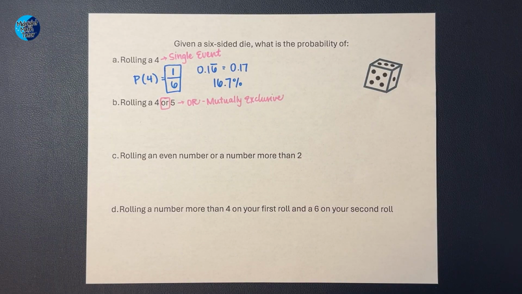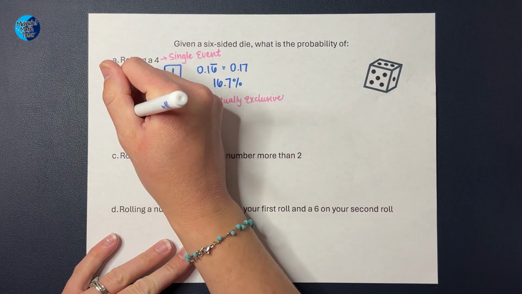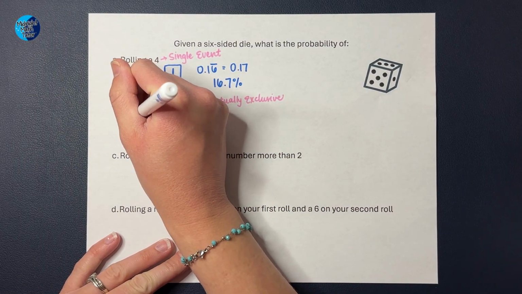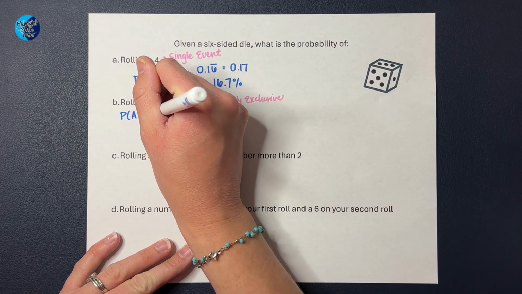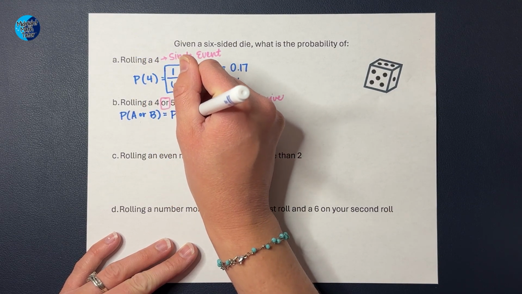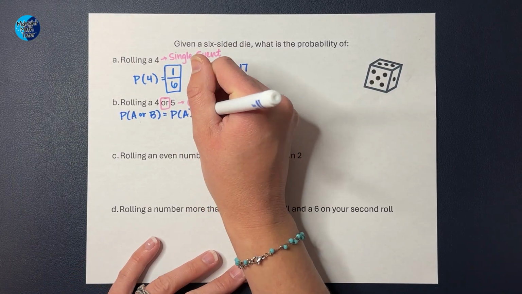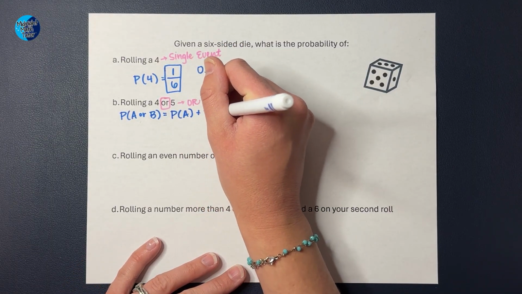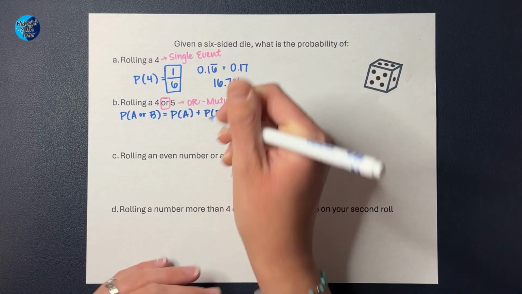All right, when we have an or probability that is mutually exclusive, to find the probability of A or B, we are going to take the probability of A and add the probability of B.